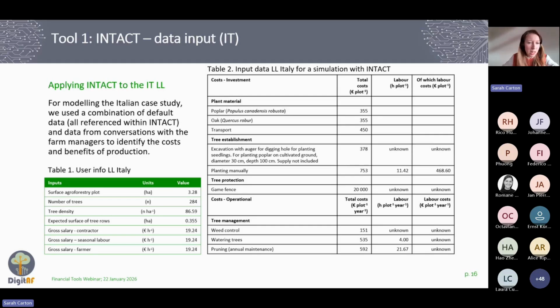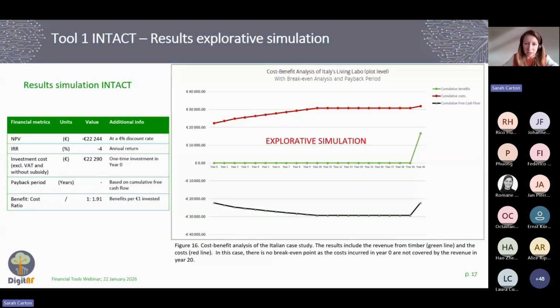It's roughly 3 hectares. We have 284 trees, etc. And at the right, you can see important costs. And this is the result of this explorative simulation. I want to emphasize that it's an explorative simulation.